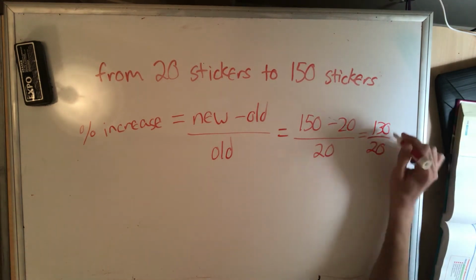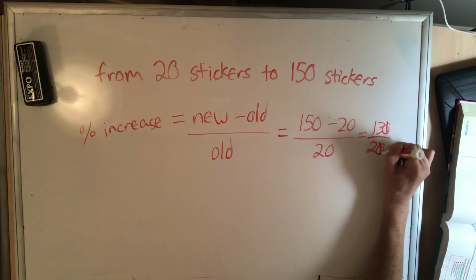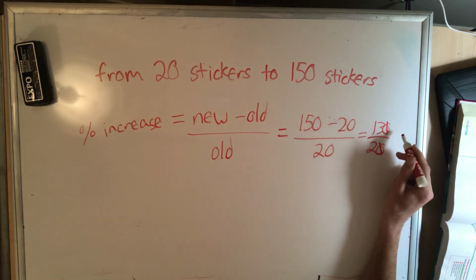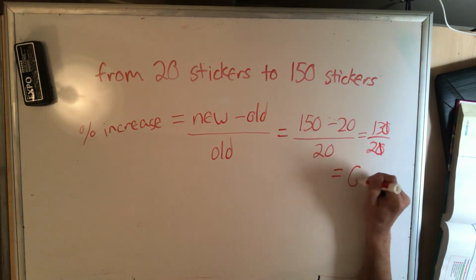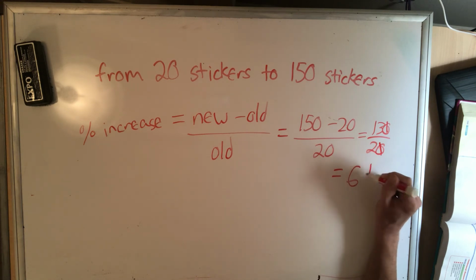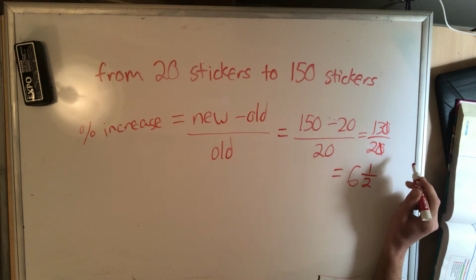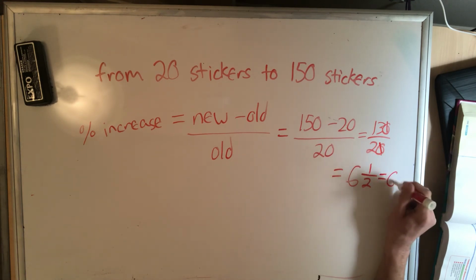We can cancel out 1 zero on top with 1 zero on the bottom. 13 divided by 2 is 6, remainder 1. Keep the same denominator 2. 6 1/2 is equal to 6.5.